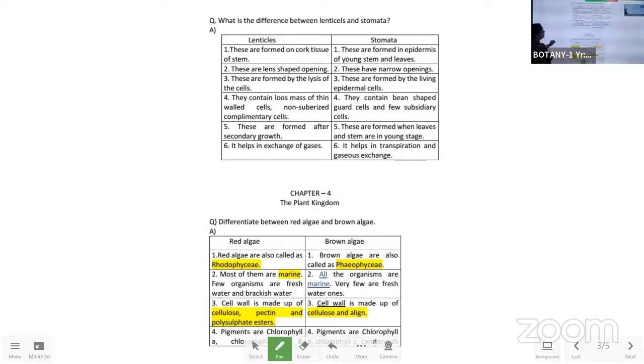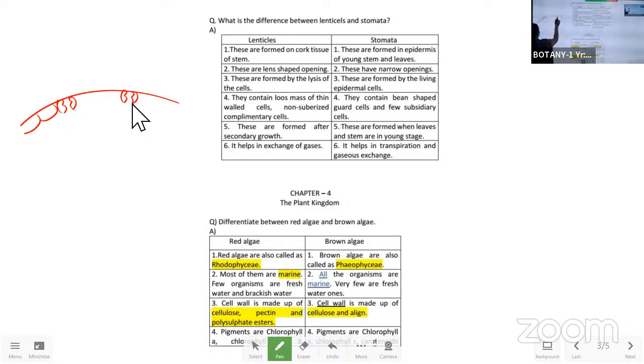Okay, so what are lenticels and what are stomatal apparatus? First of all, if we know this meaning, then we can go with the differences between the lenticels and the stomata. Stomata are the apparatus that are present on the leaf, that is in the dicot and in the monocot leaves.